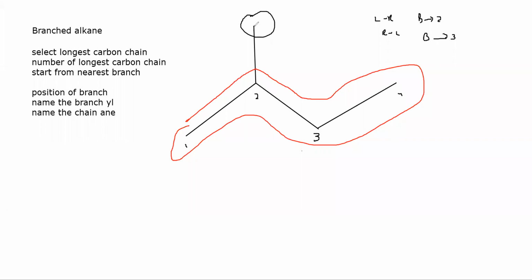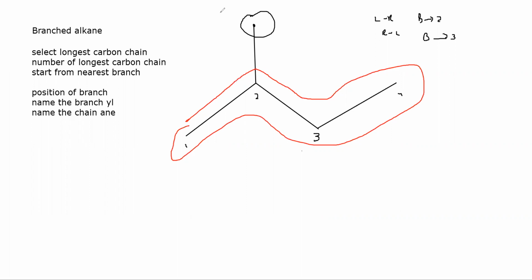How many carbon atoms are there in the branch? So only one carbon, you can see this carbon is there, that's outside the chain. So only one carbon in the branch.